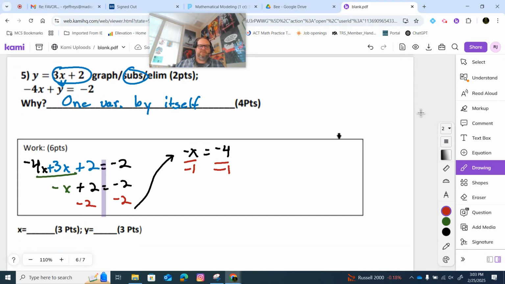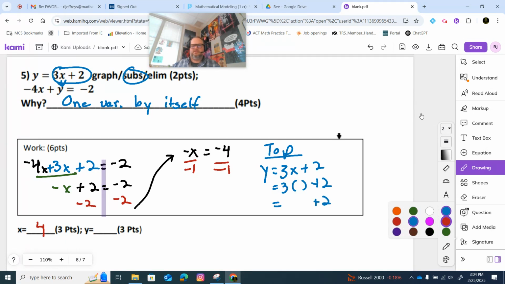All right, so we should get x equals 4. And if we're using the top, it's plus 2, plus 2. 4, this is 12, and then 12 plus 2 is 14.